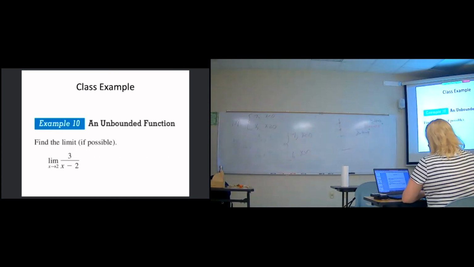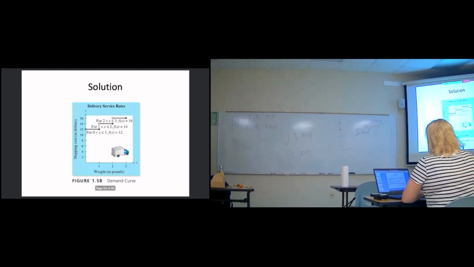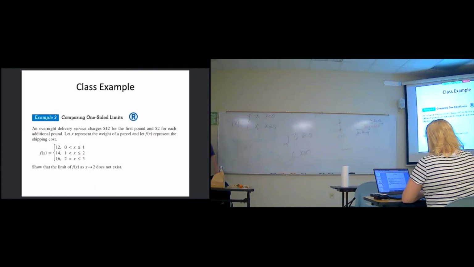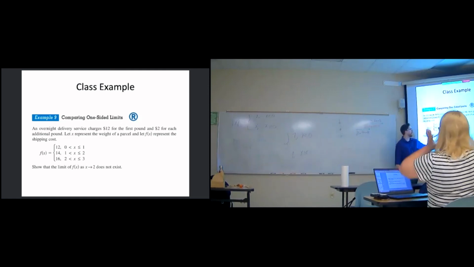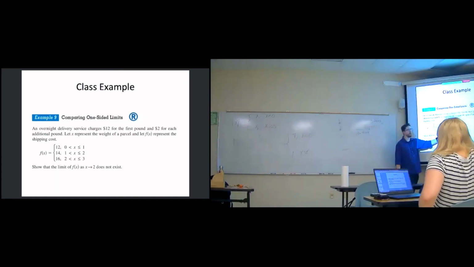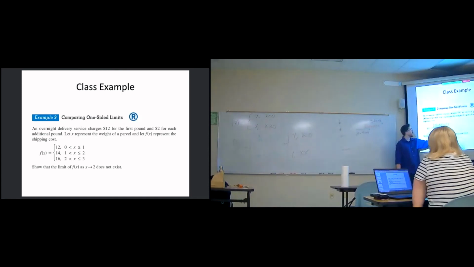So how would you determine it? Just by graphing it? Would you have to graph it to determine that? Yeah, so if that question was asked, how are we supposed to answer it at home? Well, we can look at this problem and say, coming from the left, we're in this interval, right? From 1 to 2. Coming from the right, we're in this interval, 2 to 3.